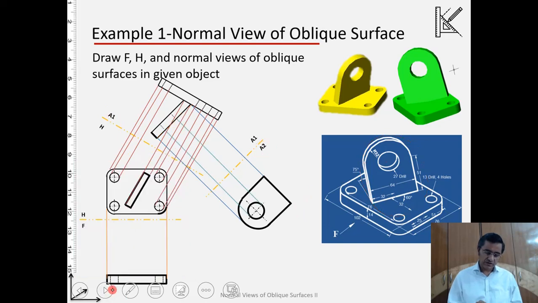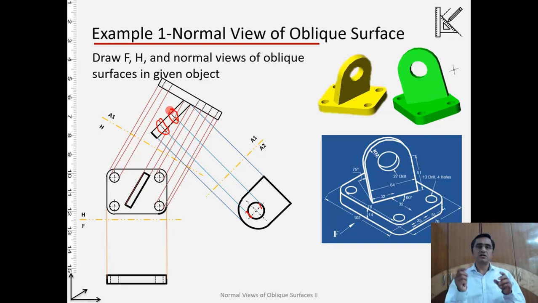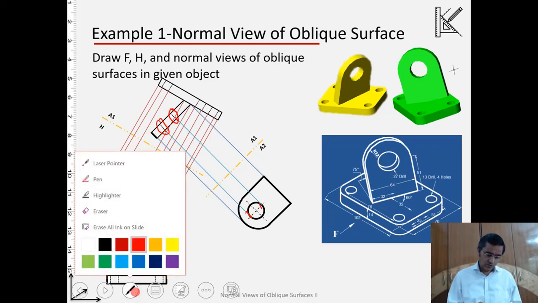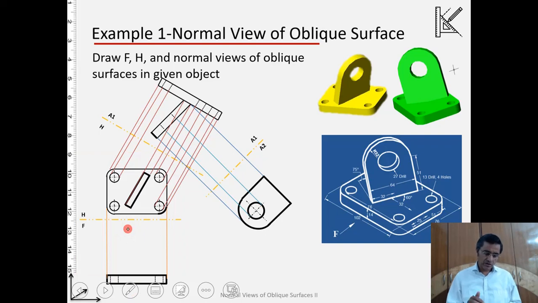So I can project, and that is how the circle, the drill, will project over here, and the dashed lines here are showing because the drill is passing through the plate. Okay, once we have this, we can now bring it to the horizontal, and then from here to the frontal.